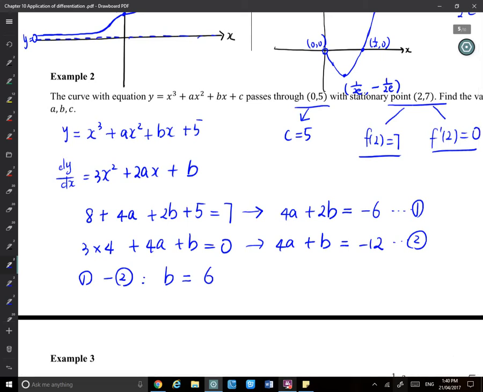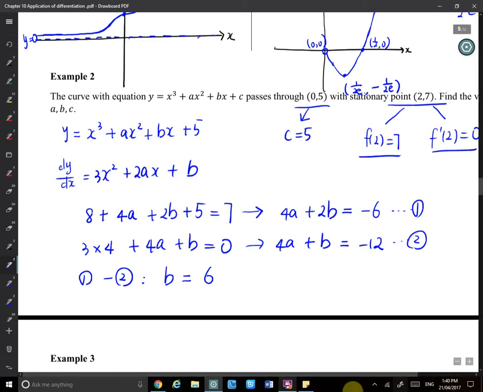If b is 6, then what is a? 4a equals negative 12 minus 6, which is negative 18. So a equals negative 9 over 2.